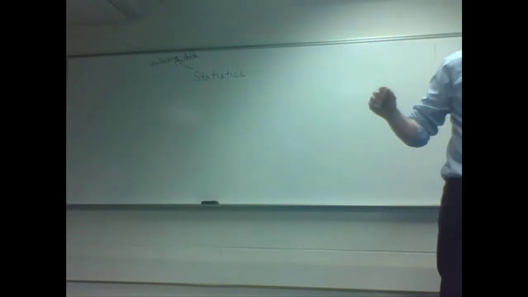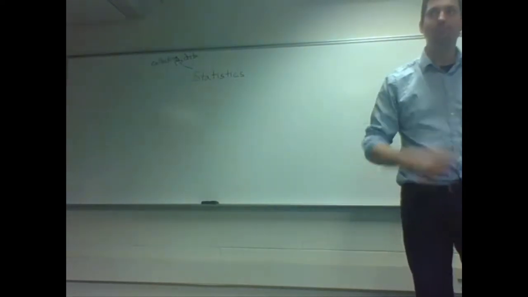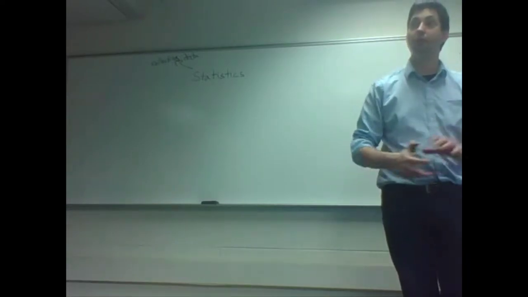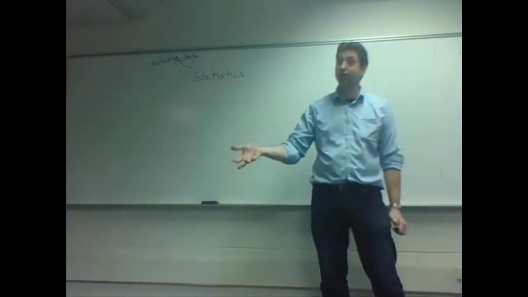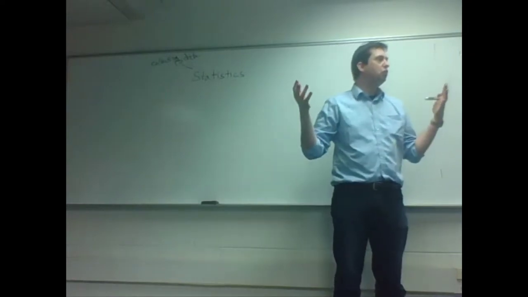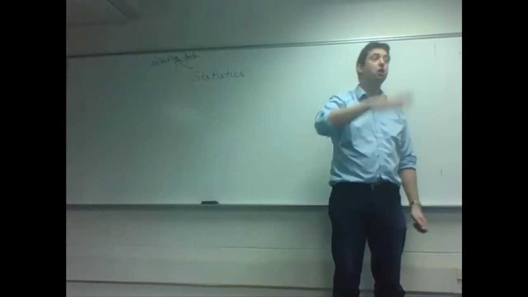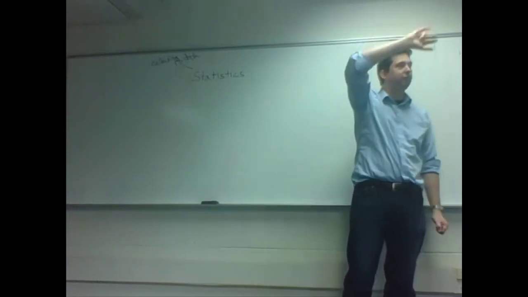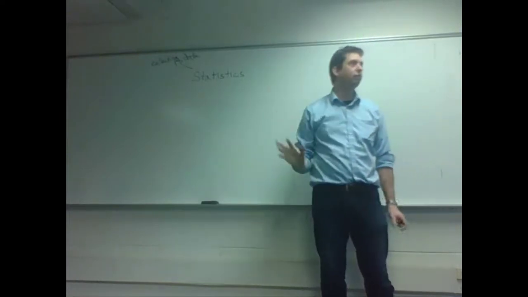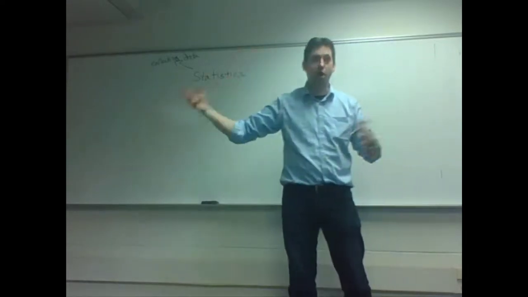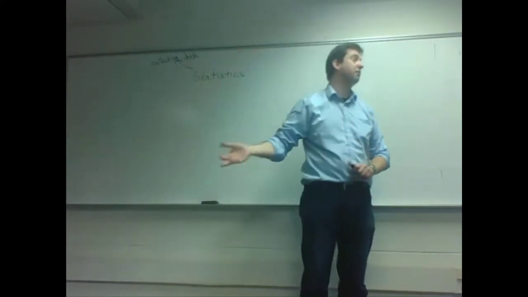Data is like the raw numbers. I like that. Data is the raw numbers, and information is something you can actually understand and interpret. Data is something like the list of average income in different states and so forth. Information is the words, the conclusions people draw from the data.